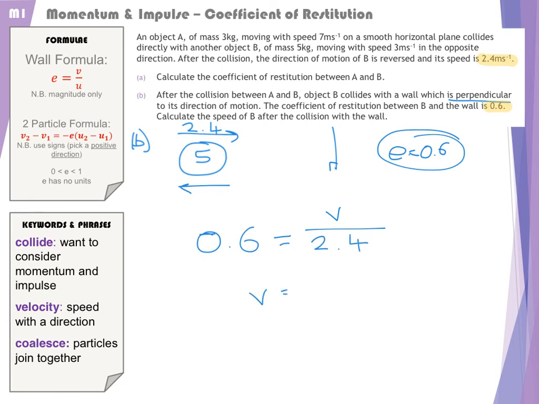So then we can just rearrange that. 0.6 times 2.4 gives us 1.44 meters per second. A good thing to always check is that the final velocity after something's collided with a wall can never be faster than the speed that it had in the first place. So we have at least got that.